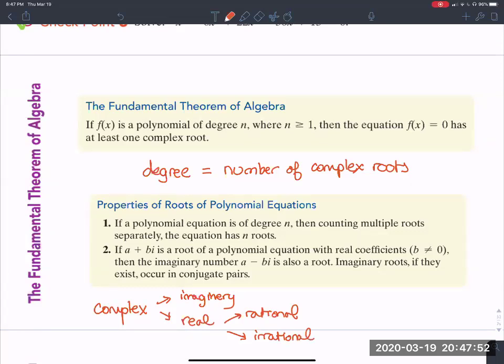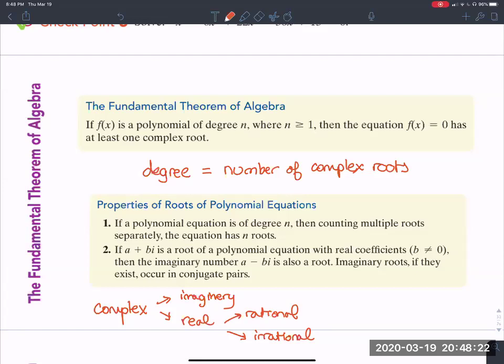So what it says is that if you have a polynomial of, say, degree 4, or a cubic, degree 3, that's the number of complex zeros or complex roots that you have. That means a fourth degree polynomial has 4 complex solutions. Those 4 solutions can be either imaginary, rational, irrational, or a mixture of the 3.